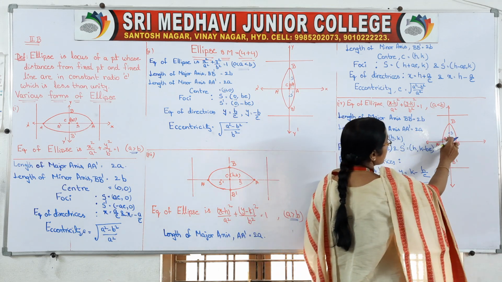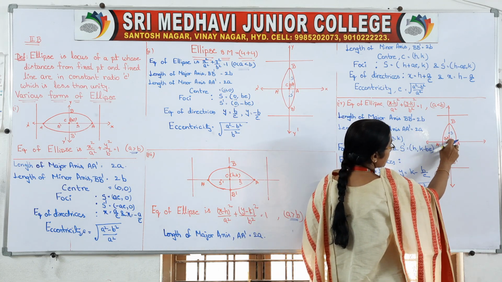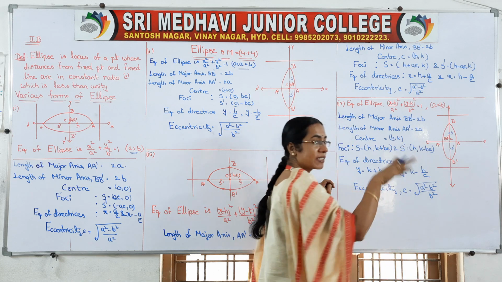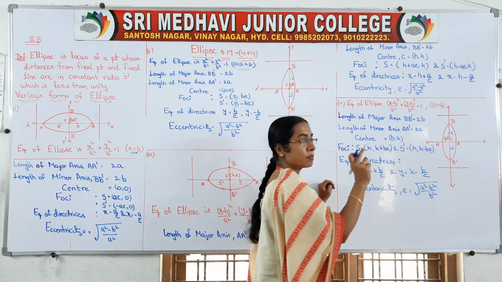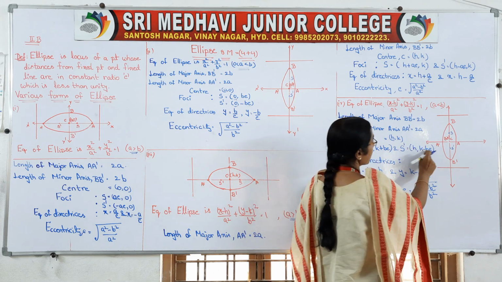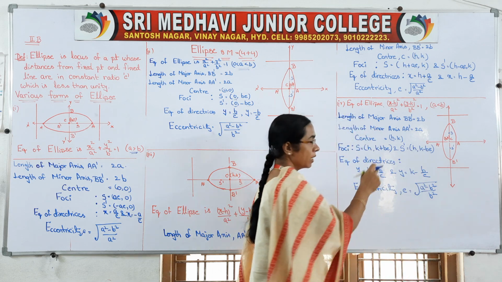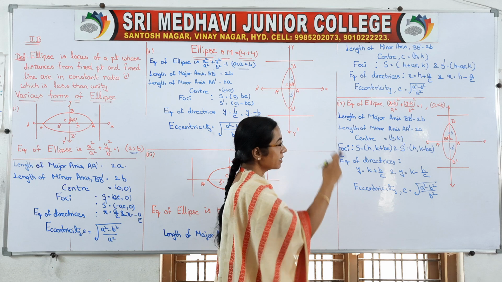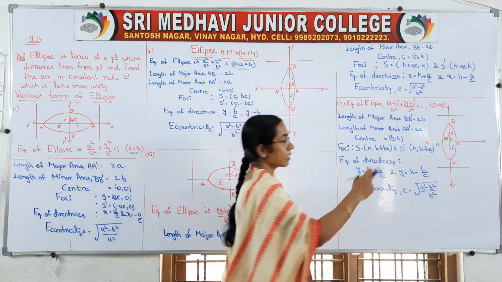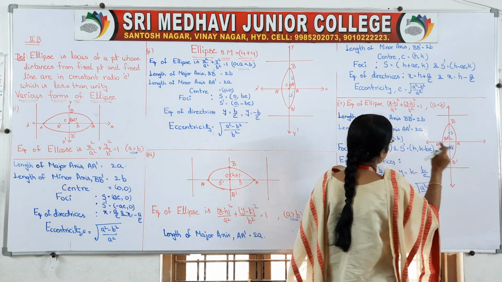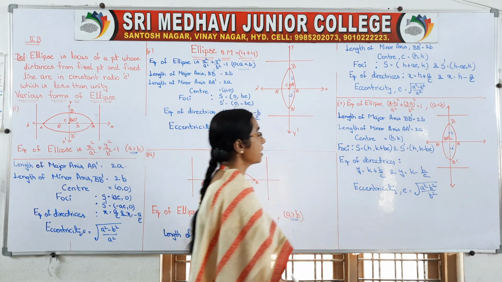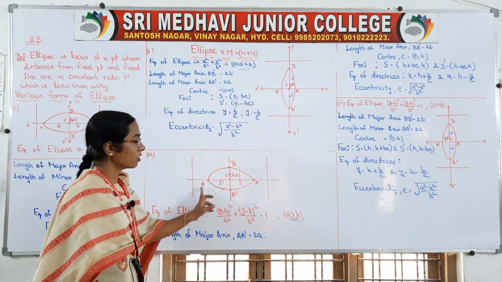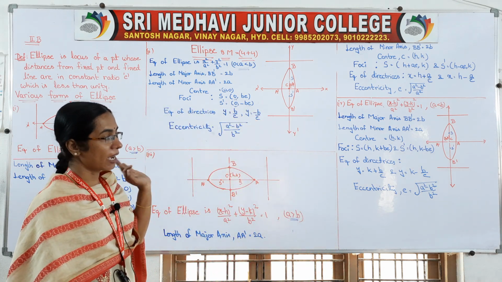Here the value is k, but it is below the center, and the distance is be, so we take k minus be. S and S dash lie on this B dash axis, and in the earlier case S and S dash lie on the A dash axis.